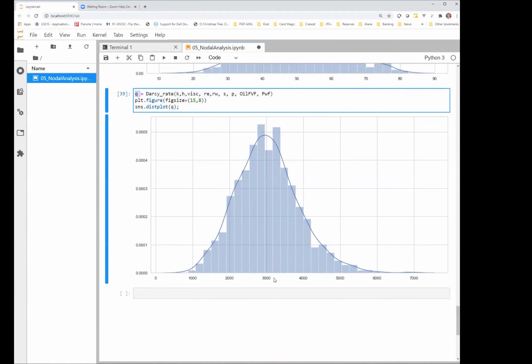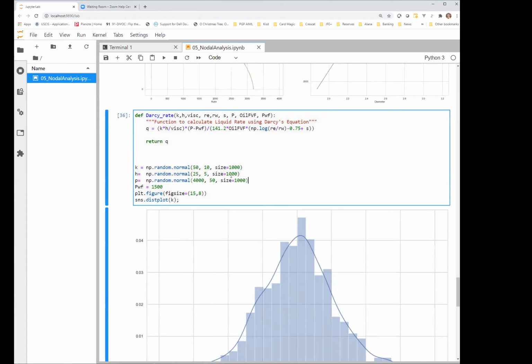It's telling me that the average or the mean value is around 3,000, okay? Using this distribution, of course, we can change the type of the distribution, instead of normal, log normal or whatever type of distribution.